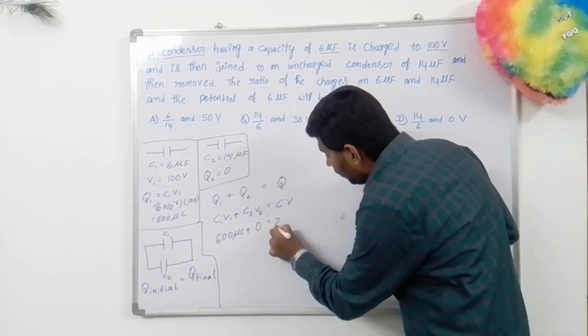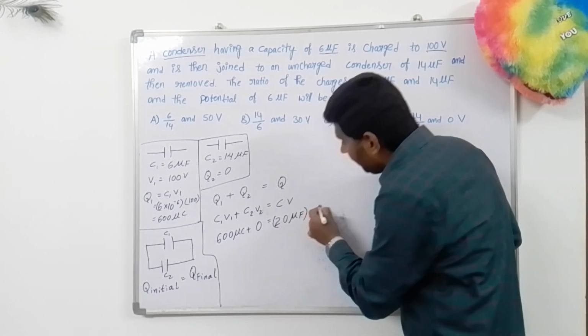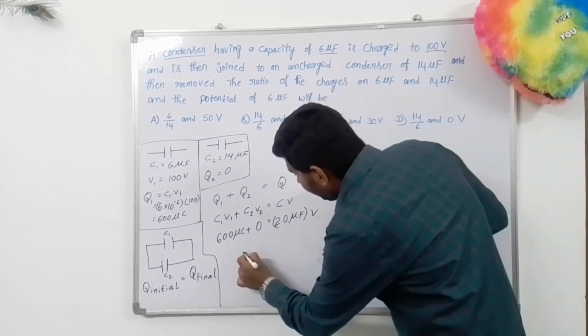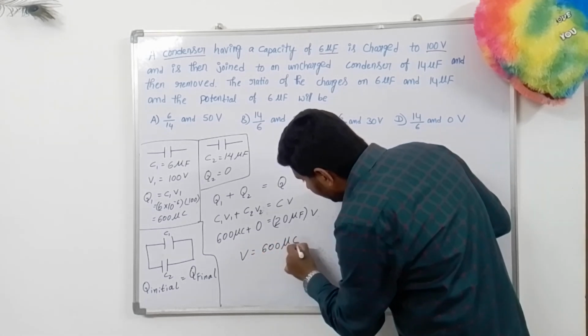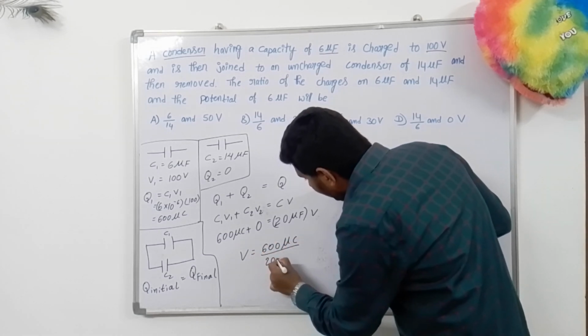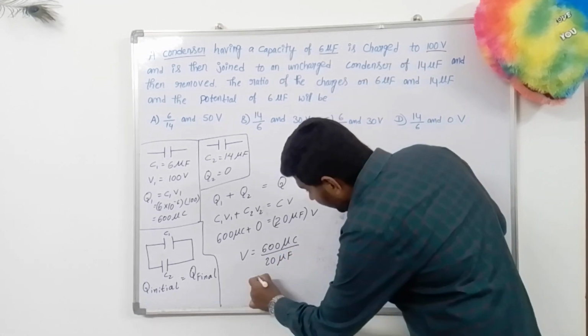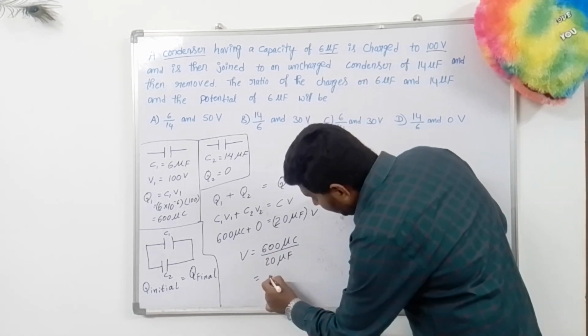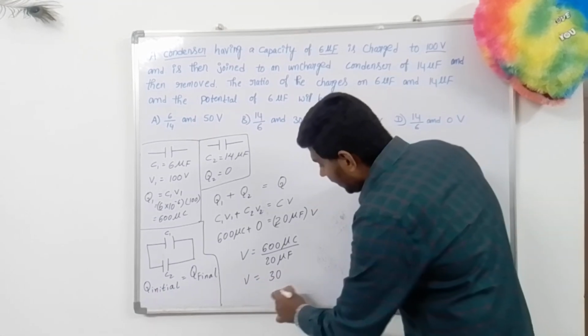Here I got 20 microfarads multiplied with V. From this, V is equal to 600 microcoulombs by 20 microfarads. 600 by 20 will become 30. Therefore, V is equal to 30.